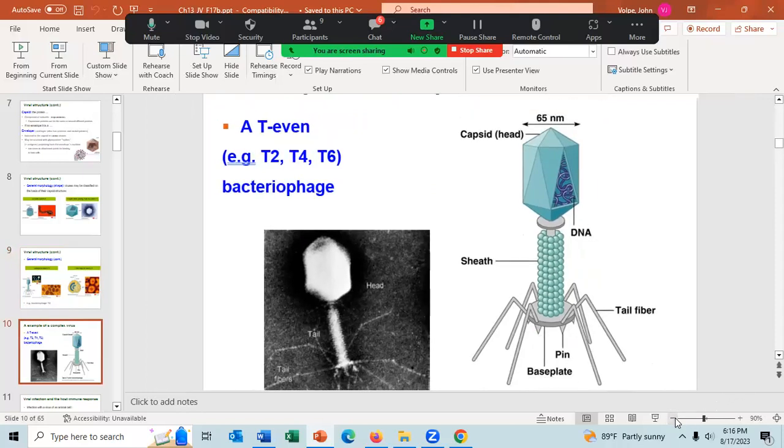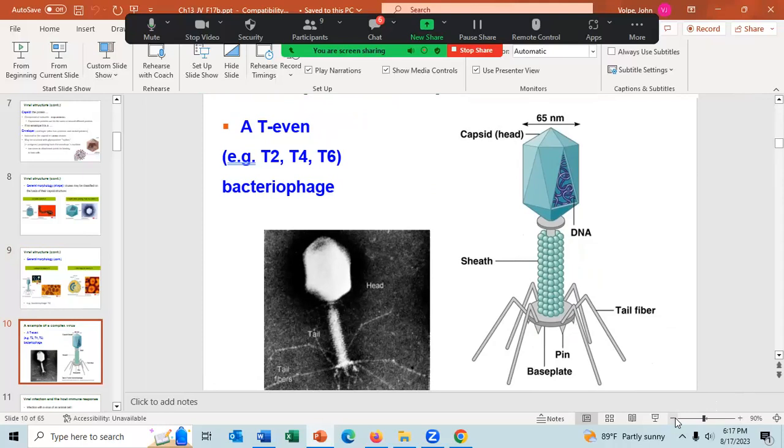T4 virus is a member of the T-even family. T-even includes T2, T4, and T6. We'll talk a little bit about T4 because it is the virus which has been studied more than any other virus. More than any human virus, we have studied T4.